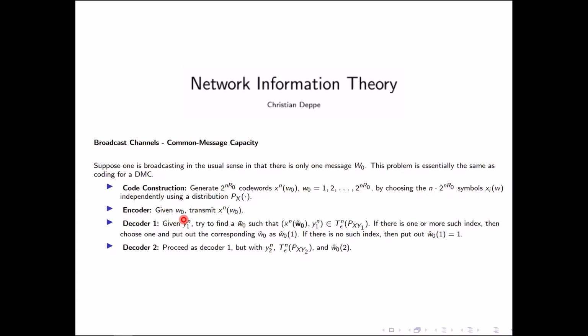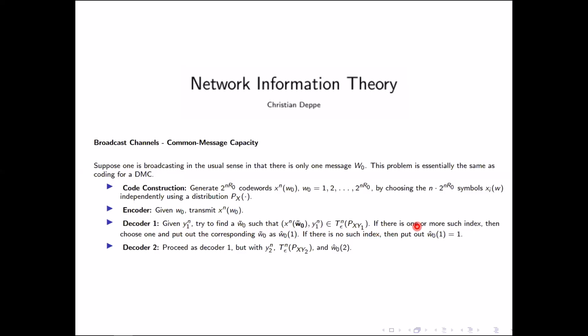So given W0, we just transmit x^n of W0. And decoder 1, given y1^n, tries to find a W0 tilde such that x^n of W0 tilde and y1^n are jointly typical with respect to x and y1.